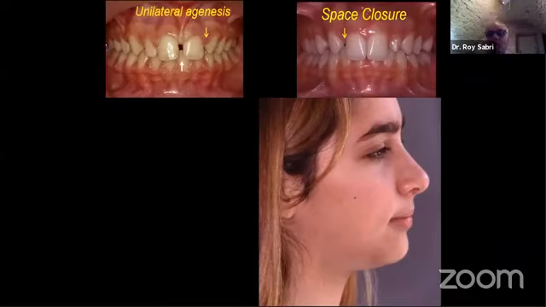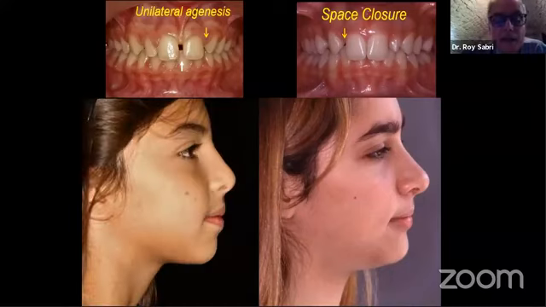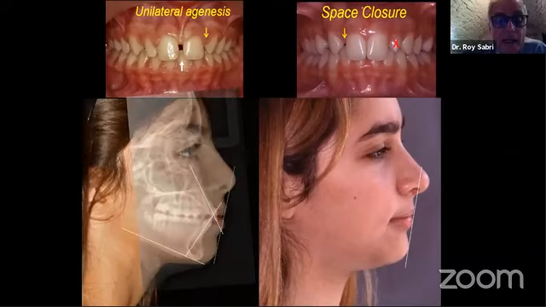Okay, I want to compare this patient that we treated with extraction, space closure, to a very similar patient, again, unilateral. Her profile looks a little bit fuller. She has a tendency to some protrusion, but not too bad.